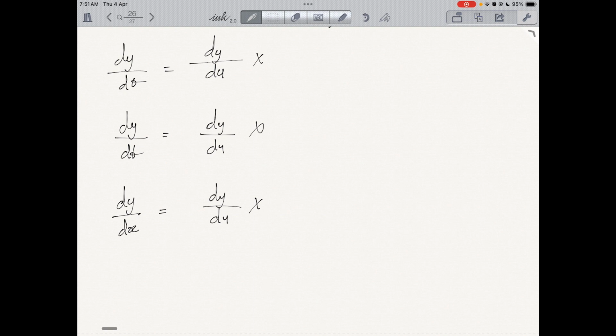What is it being multiplied with? In the case of theta, it is being multiplied by du/d theta. In the case of t, it is being multiplied by du/dt. And in the case of x, it is being multiplied by du/dx. So this brings us to the end of function of a function.